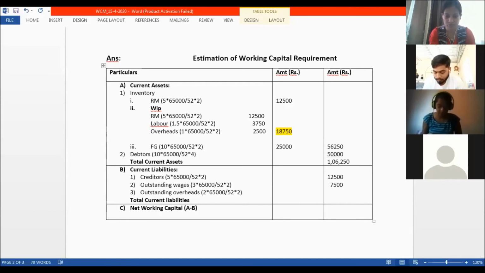Okay, 2 into, so 5,000. Now there is no other current liability. Just find out the total then. 5,000 plus 7,500 plus 12,500, 25,000, the total amount of current liability.